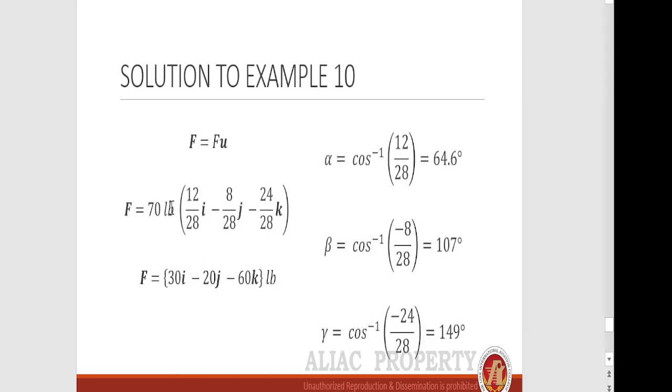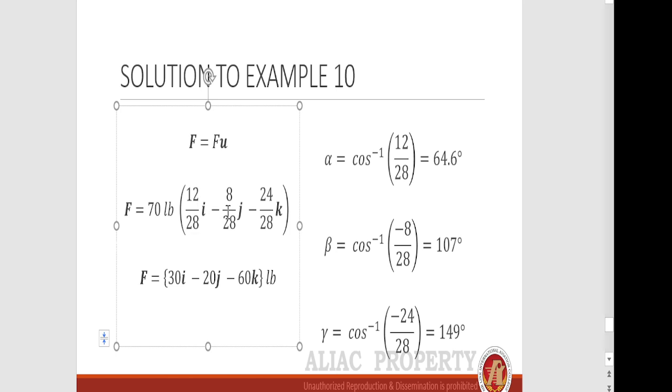So solve: 70 times 12 over 28 is 30, 70 times 8 over 28 is 20, and 70 times 24 over 28 is 60 pounds. And the last one, we are looking for the angles. For alpha, cos inverse of 12 over 28.